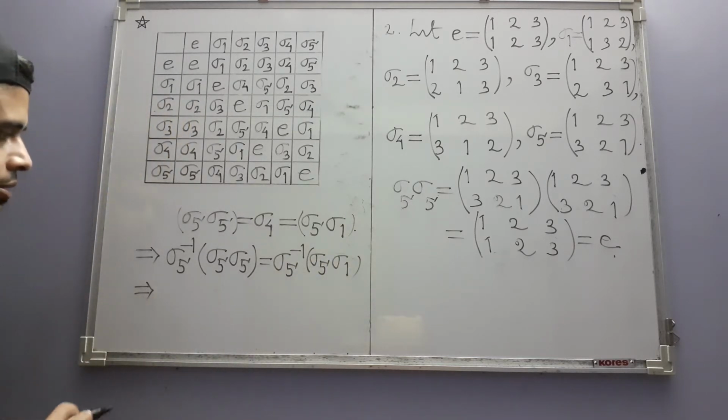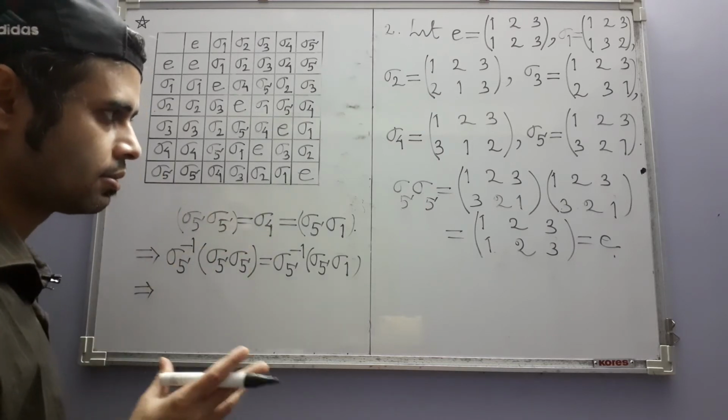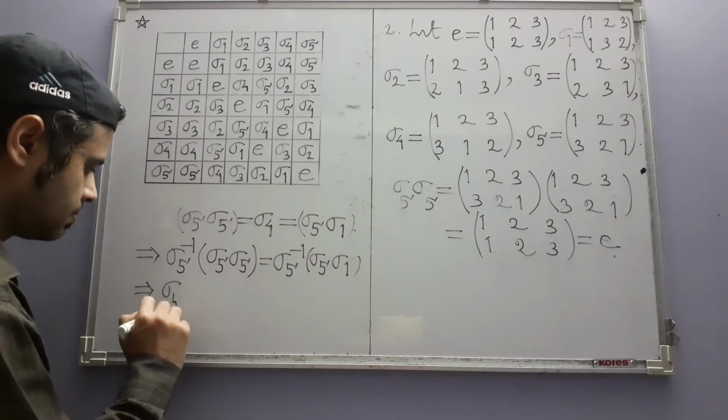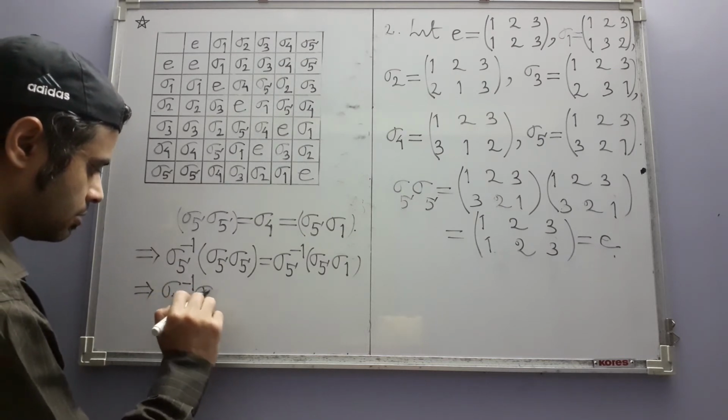In a group the binary operation is associative, so this thing is this.